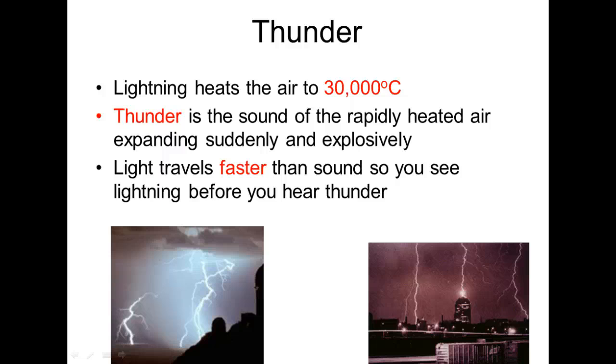Then you take that number and divide by 5. For example, if you see the flash of lightning and 15 seconds later you hear the thunder, you take that 15 divided by 5 and you know that the storm is 3 miles away. Okay? 3 miles away. So that's the formula for calculating that.